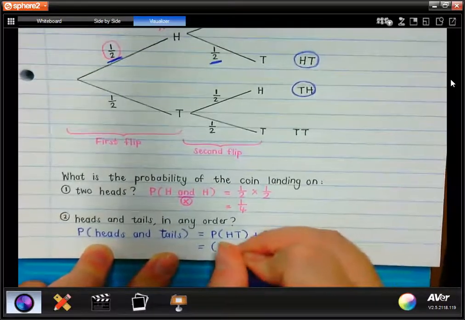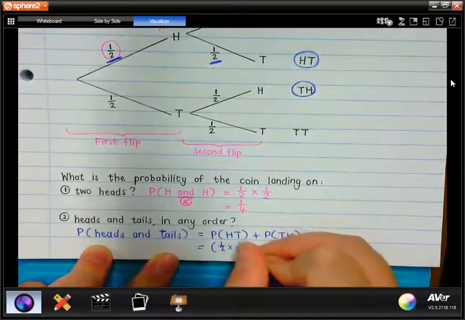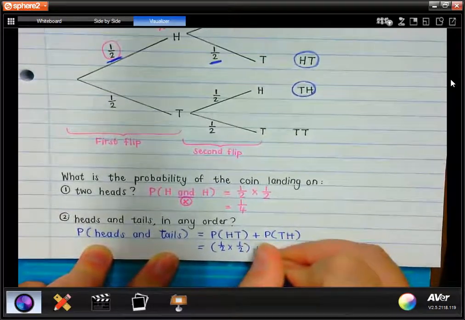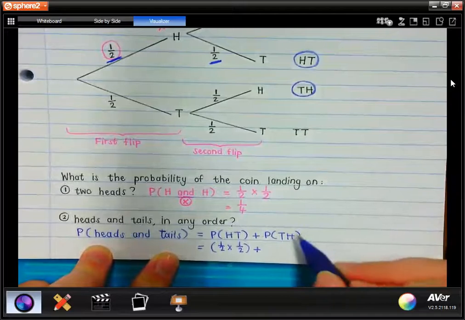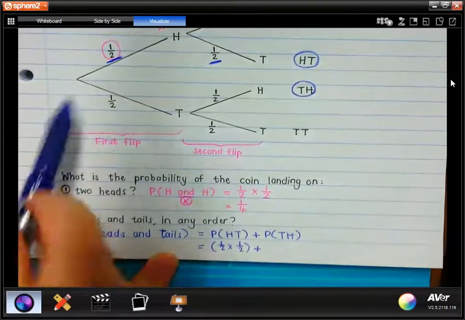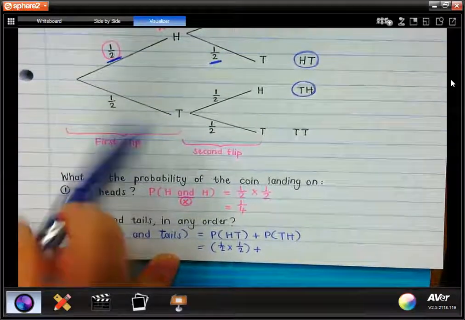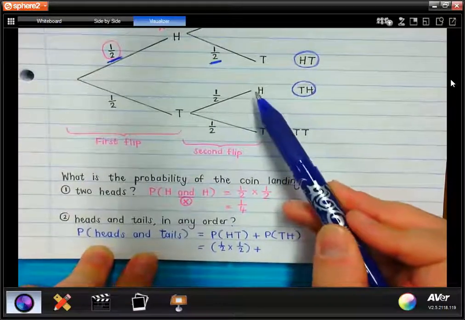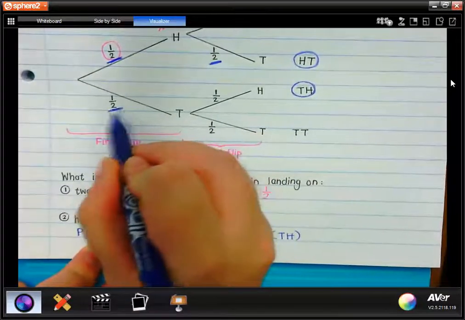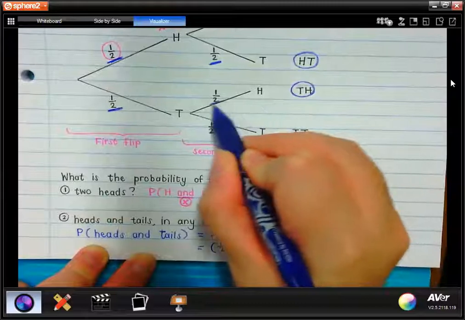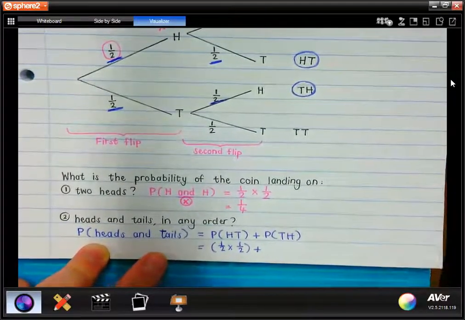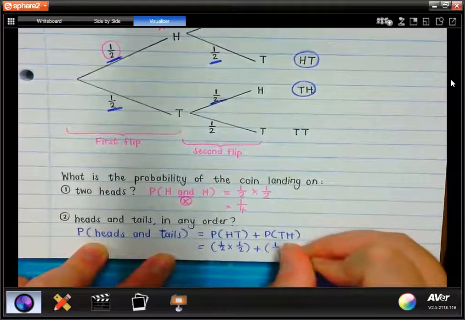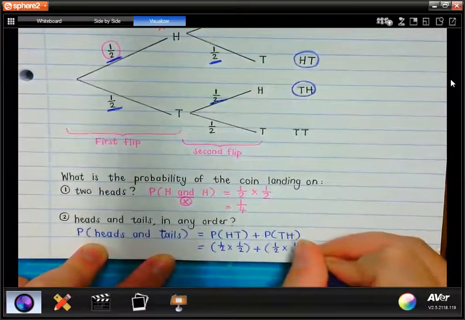So I'm going to do a half times a half plus the probability of TH. I'm following the T and then the H. So I'm going to take that half from T and multiply it by the half from that H. All right, so again, it is a half times a half.